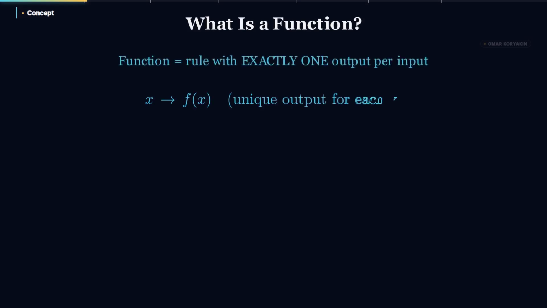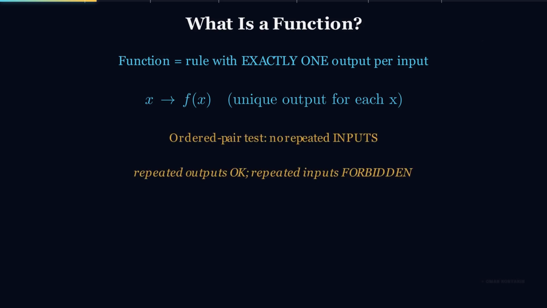A function is a rule that assigns to each input exactly one output. Symbolically, a function f maps an input x to a unique output denoted f of x. The uniqueness of the output is the defining feature of a function and is what distinguishes functions from more general input-output relations. Here is the ordered pair representation.